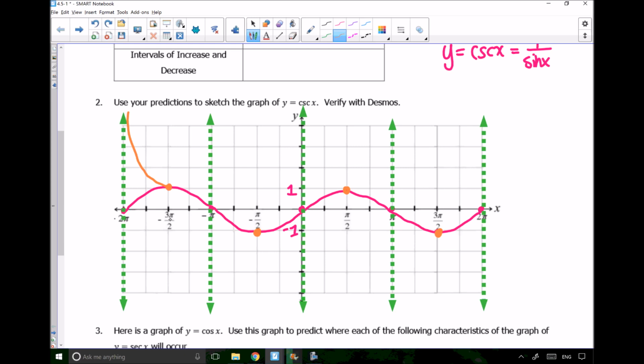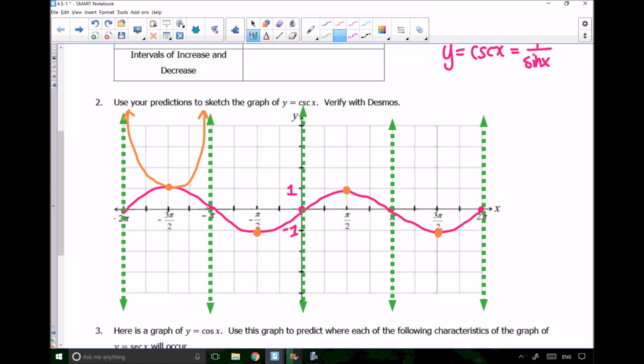Then, once I hit -3 pi over 2, they meet. And then after that, my graph is going to be decreasing and positive. Remember, the reciprocal function, if the original function is decreasing, my new function will increase, but whether they're positive or negative stays the same. So this means that this is going to be positive and increasing. So that's the first part of my graph that I have here.